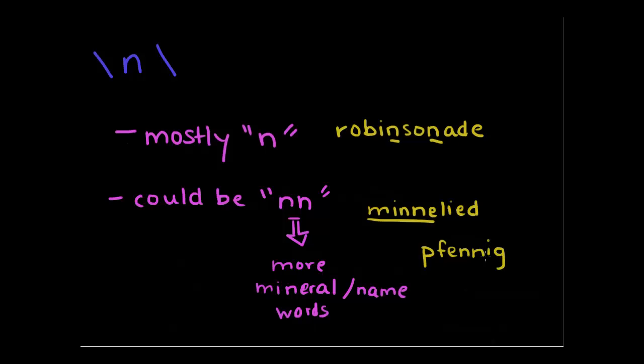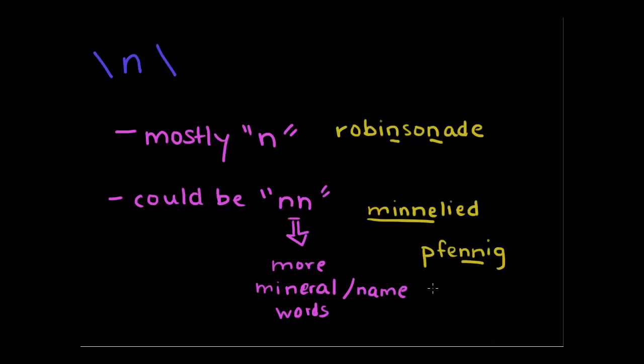Look, there's our PF. This is one of those rare examples where it's not Pfeffer, but Pfennig is NN for the N sound. Again, that PF at the beginning is something to look out for. But yes, this is also an NN word.